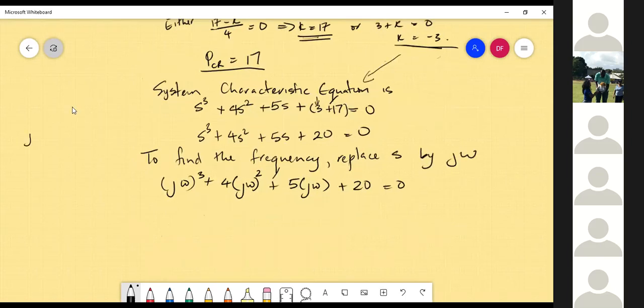Now, j times j times j is minus j, so this gives me minus j omega cubed.